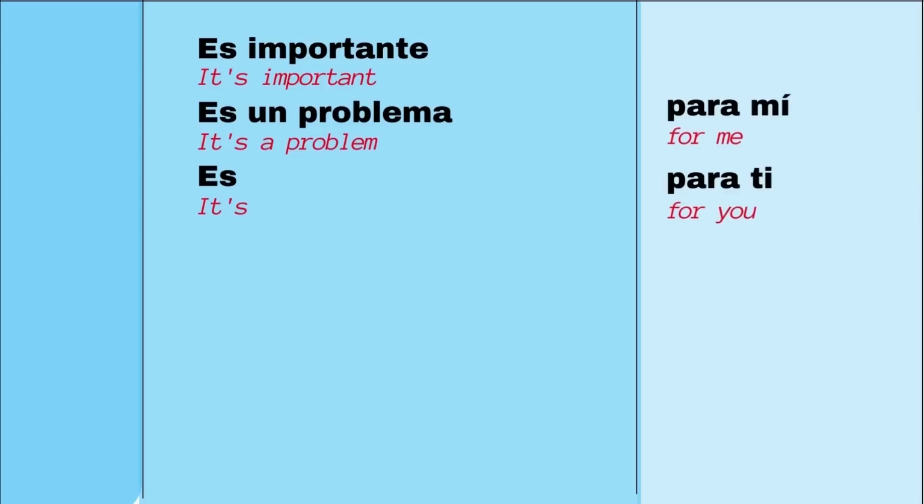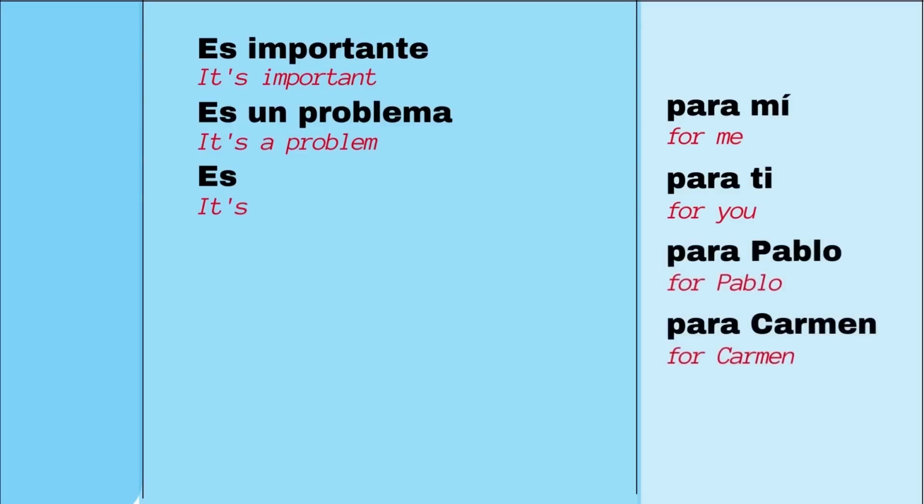Okay, second column, we've got para mí and para ti. And that's for me, para mí, and para ti, for you. And under that we'll have para Pablo.